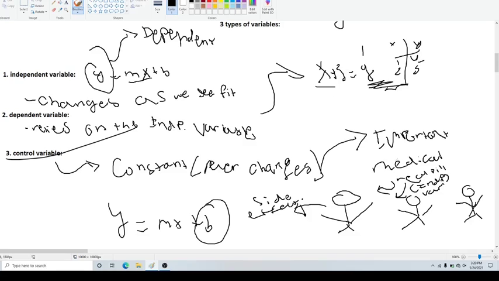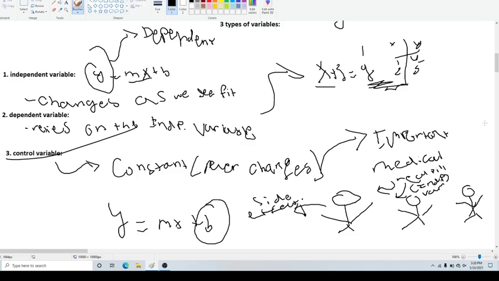If we gave somebody pills, that's like plugging in a number for x. We're testing this new type of medicine on people or even animals, and we want to see the side effects. So the side effects are our y, because they depend on whether they got the real pill or not.